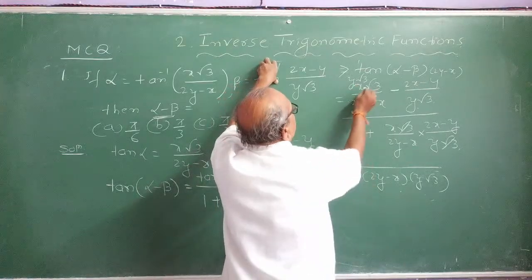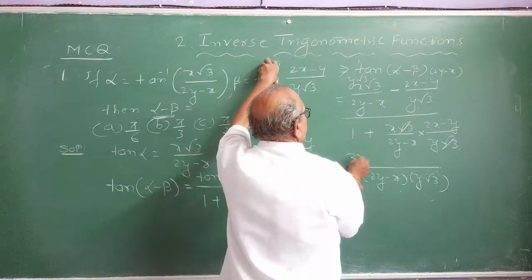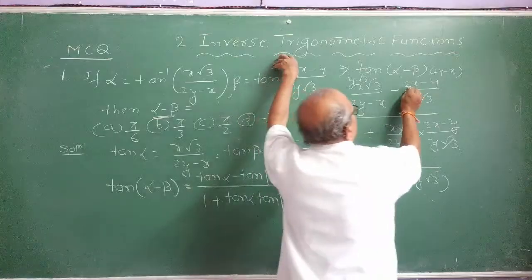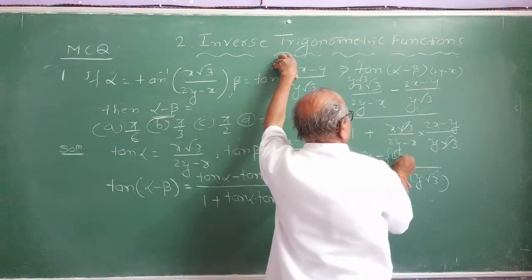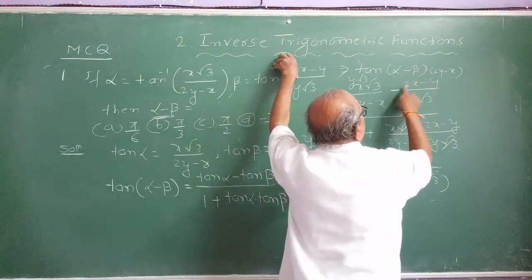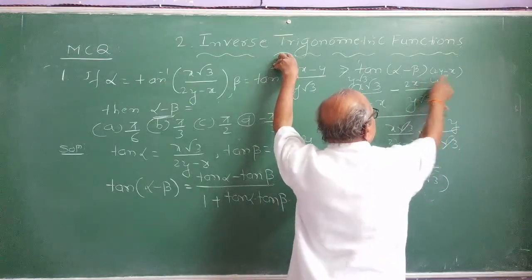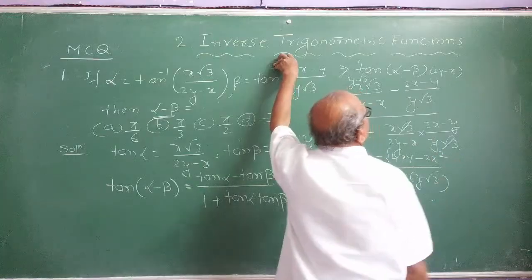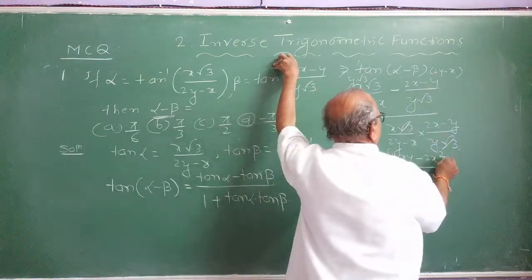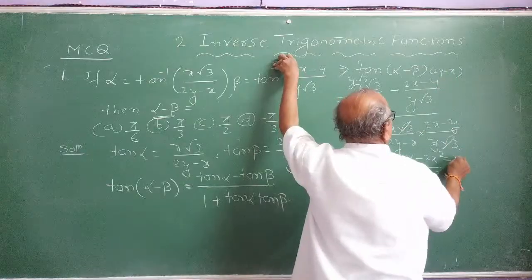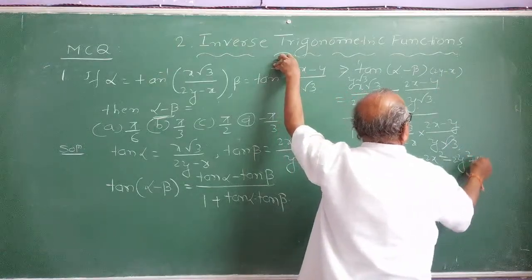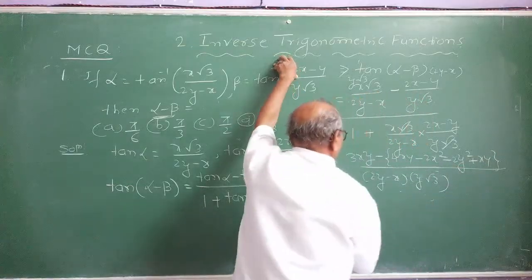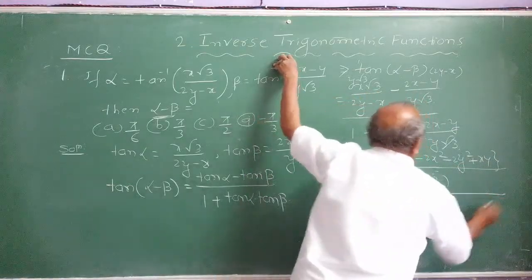You will get in the numerator root 3 times root 3 which is 3xy, minus, multiply these two factors, 2x into 2y becomes 4xy, right? Multiply 2x with this, plus into minus is minus, 2x into x is 2x square. Now multiply with minus y, minus 2y into y is minus 2y square, minus into minus is plus xy. Remove the bracket. Whole divided by, time killing problem.